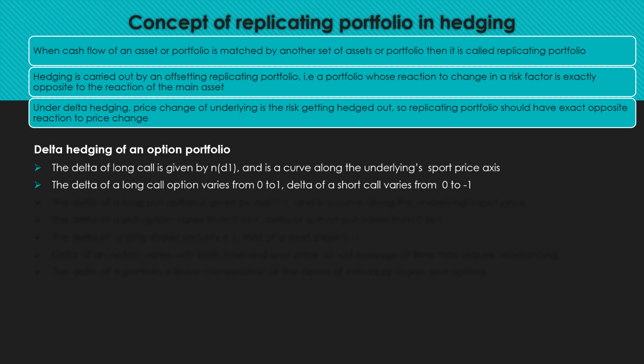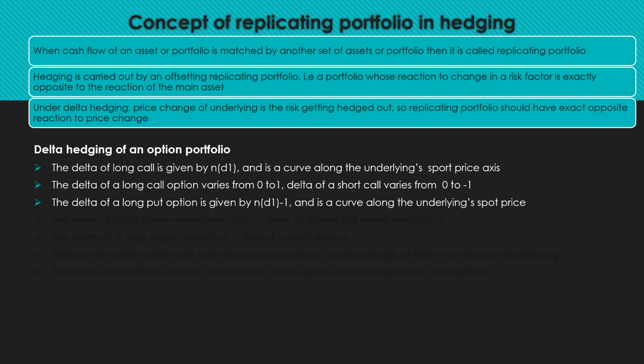The delta of a short call varies from 0 to -1. The delta of a long put option is given by N(d1) - 1 and is a curve along the underlying spot price. The delta of a long put option varies from 0 to -1. Delta of a short put varies from 0 to 1.